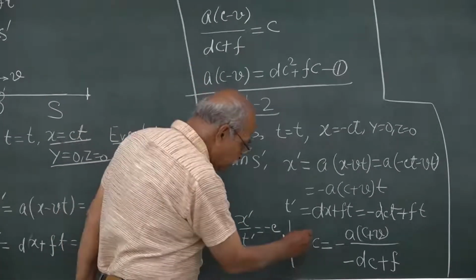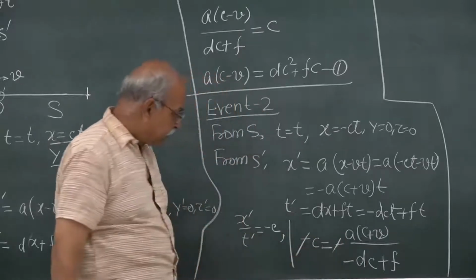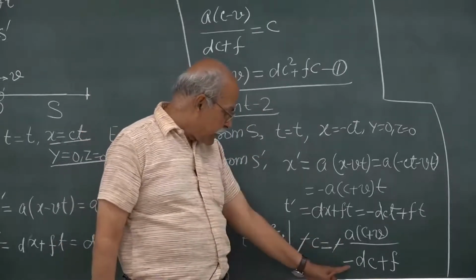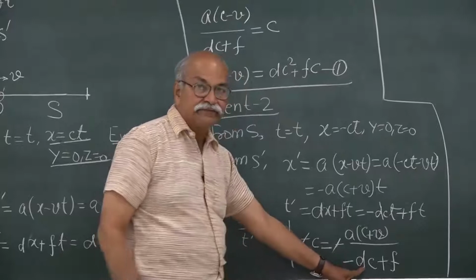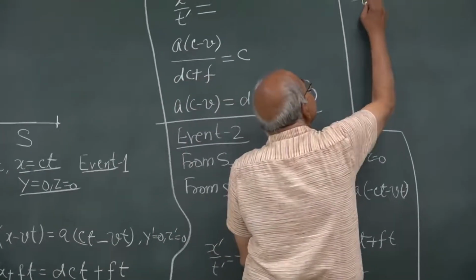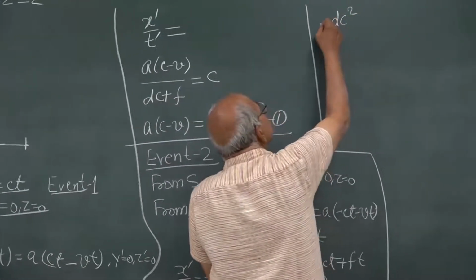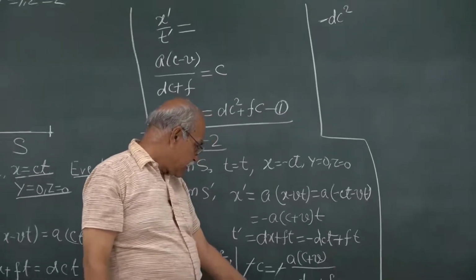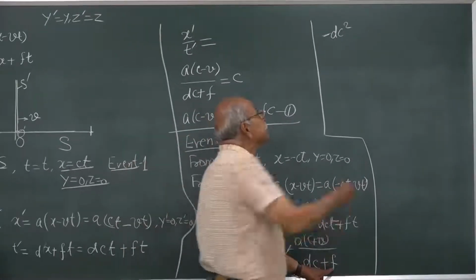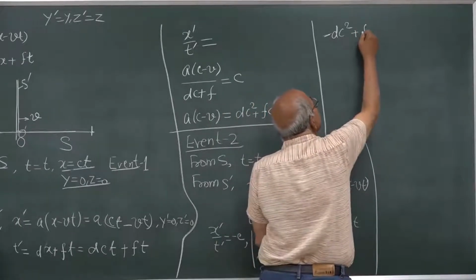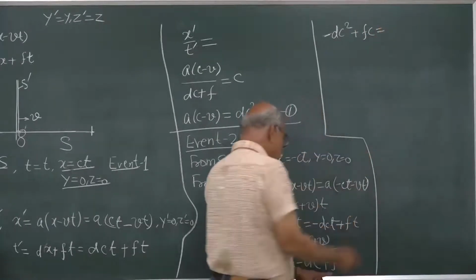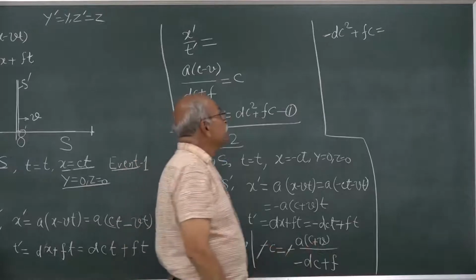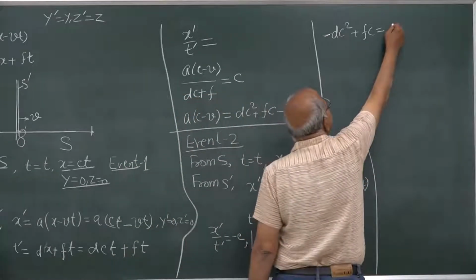You can remove this minus and this minus and then let us cross multiply. So, minus d c square and then plus f c is equal to this side a into c plus v.